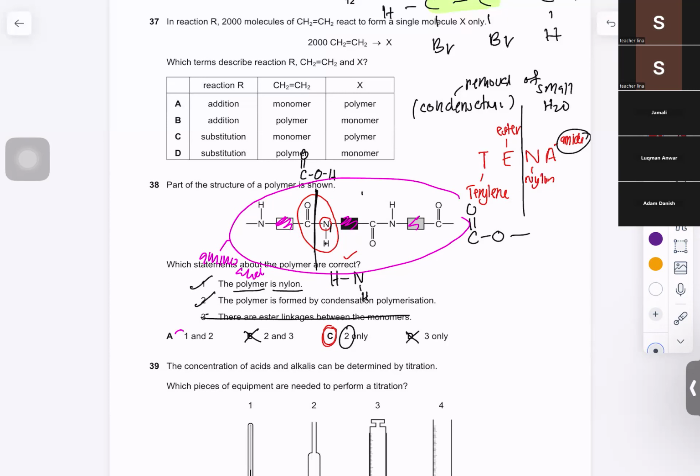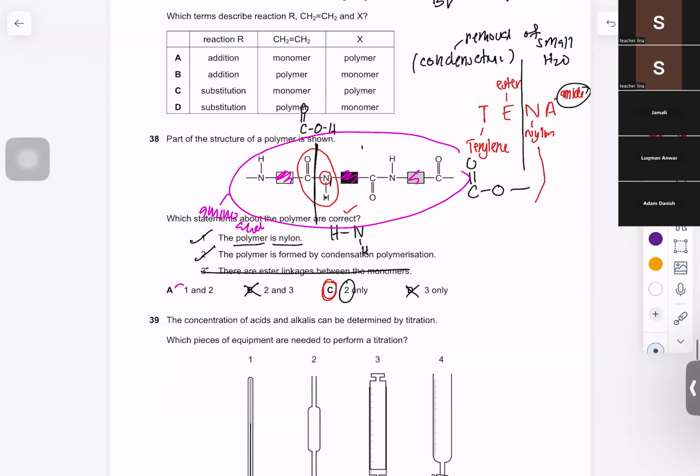So this nylon, if you want to know nylon, the boxes will be the same. Even if they make all the colors the same, it's still C double bond O, and then N and H, and then C double bond O, and then N and H. This one we call nylon.